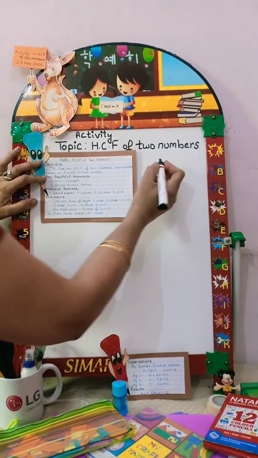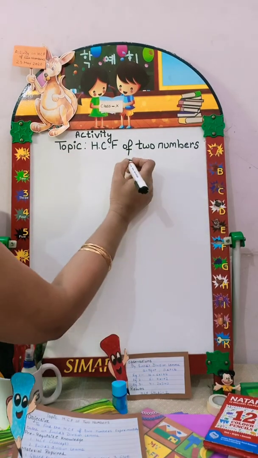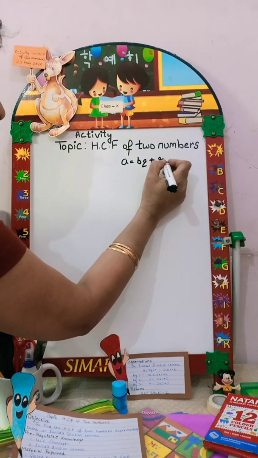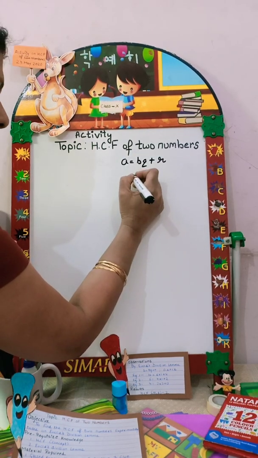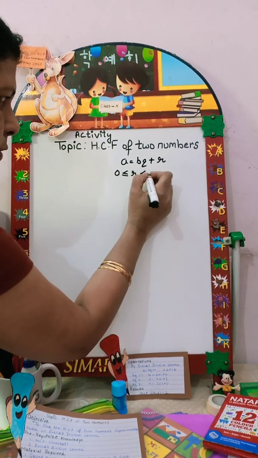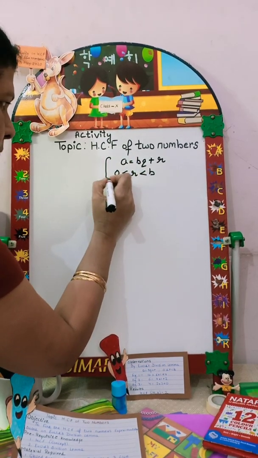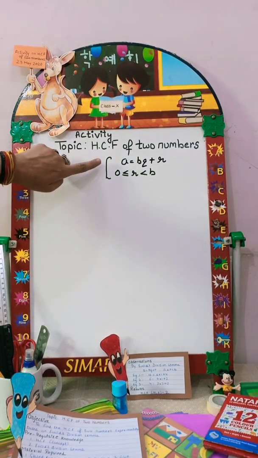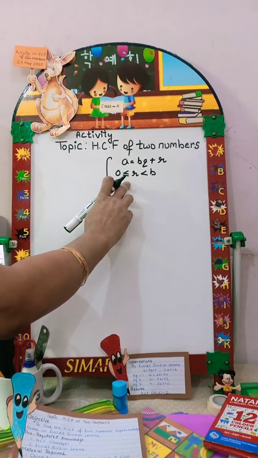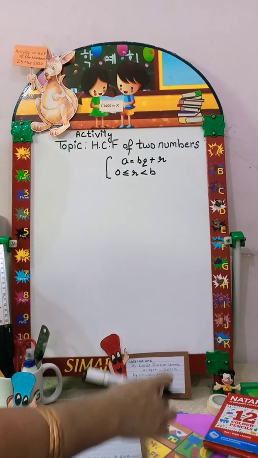You know Euclid's division lemma is a = bq + r, where the remainder 0 ≤ r < b. This is the main basic concept which I use today in my activity.